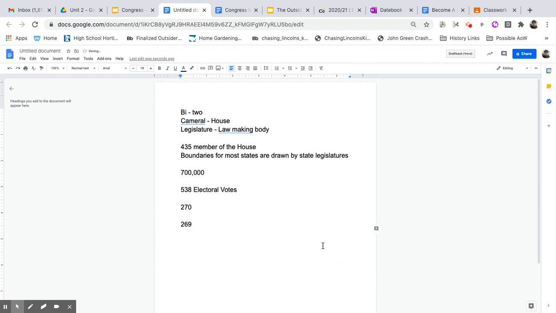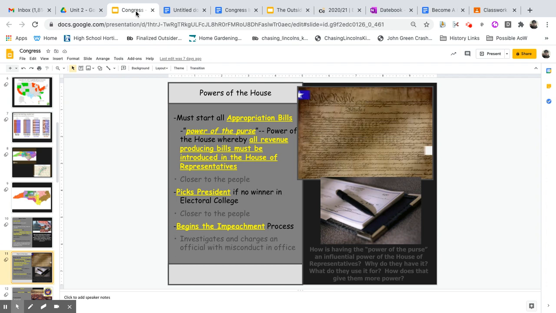And it has happened before. Not on that exact number, but a tie has happened before. One example of that is John Quincy Adams versus Andrew Jackson. They tied, and then the House picked John Quincy Adams. So in very rare situations, the House can pick the president. And I would guess that if that had happened this time around, they would have picked Joe Biden because the House is majority Democrat at this point in time.